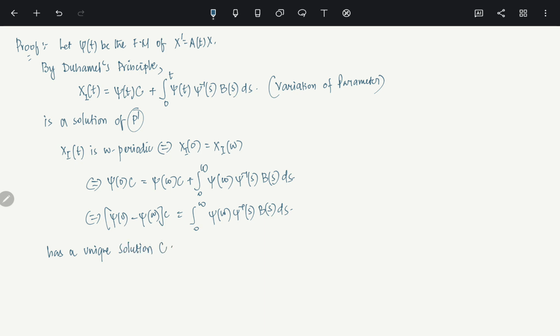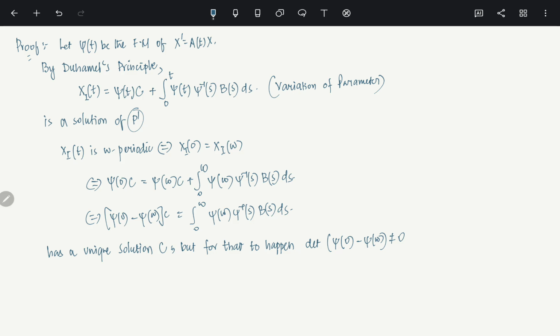But for this system to have a unique solution, you need the determinant to be non-zero, right? So for that to happen, the determinant of phi 0 minus phi W has to be non-zero. Is this okay?